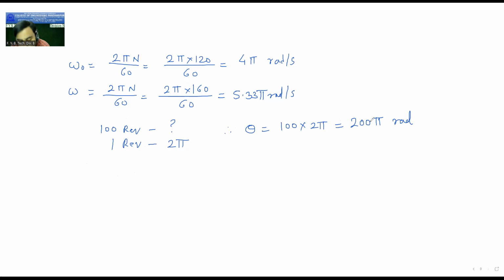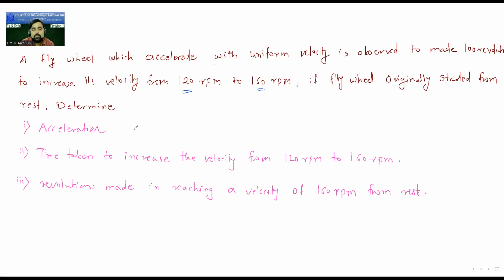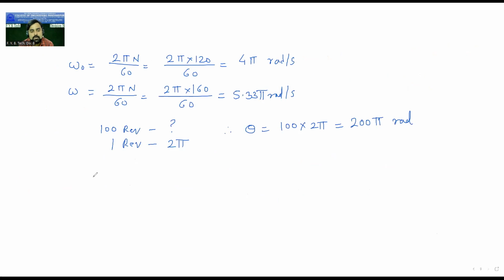So now you can calculate the alpha. First, we need to calculate the acceleration. To calculate alpha, we will use the equation omega square is equal to omega 0 square plus 2 alpha theta.